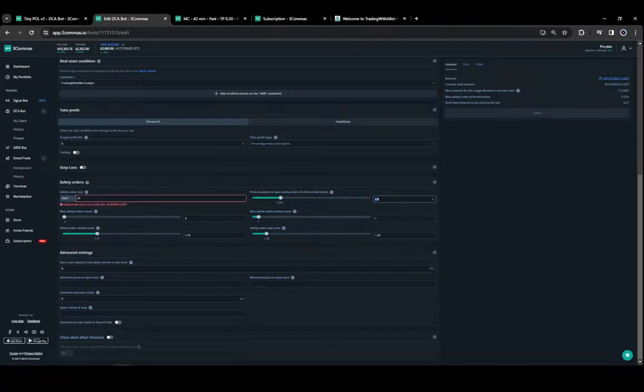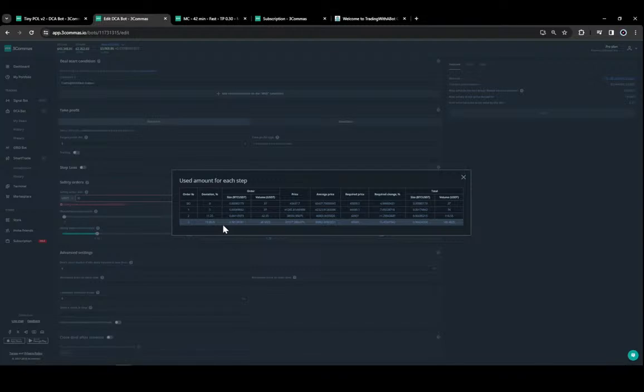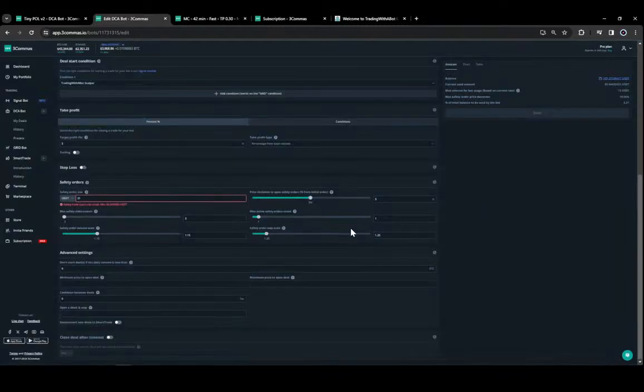For example, you could increase this from 2.5 to 5. That is fine as well, because then you would cover a bigger range, and you're still increasing your size proportionally. So these are the 3 DCA settings that I use with my bots.